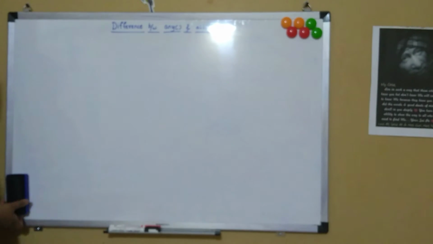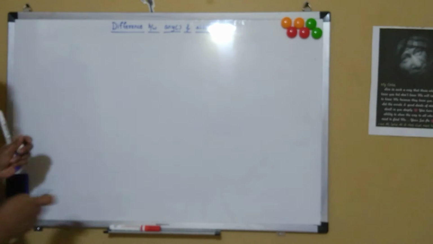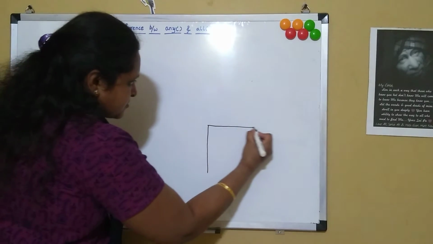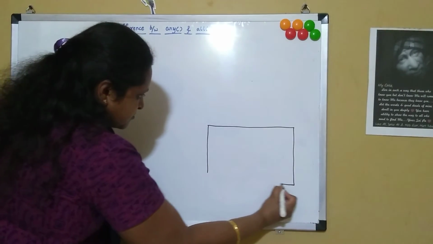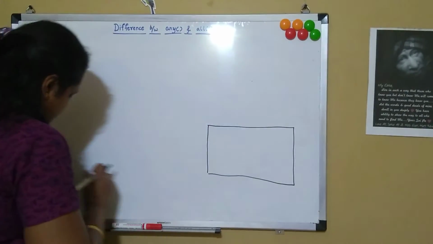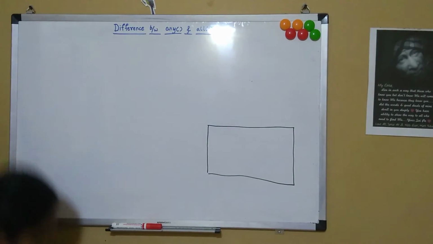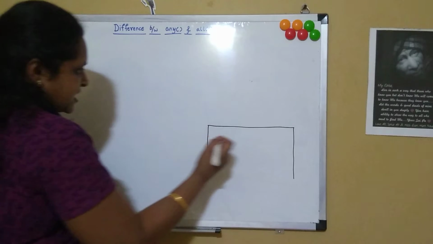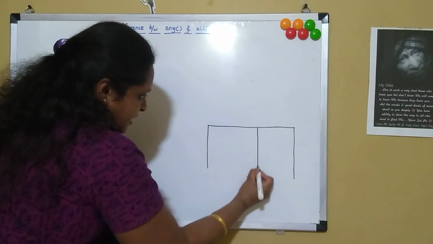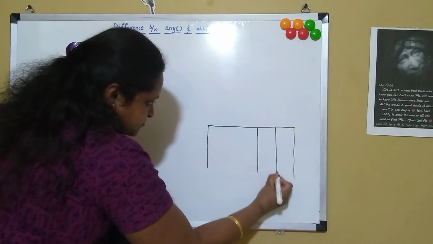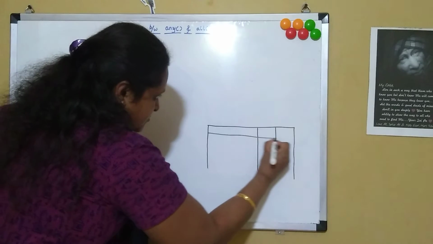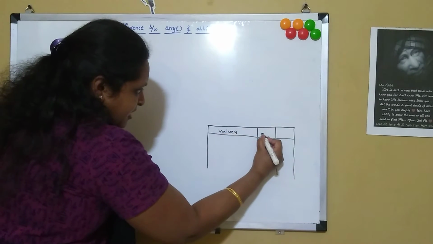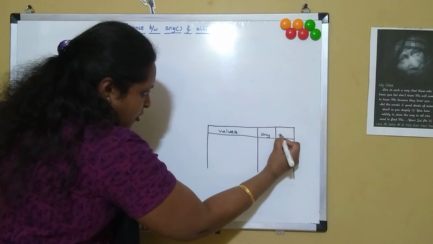So firstly, let us draw a table and see how it works for any and all. So these are the values, any function, all function.